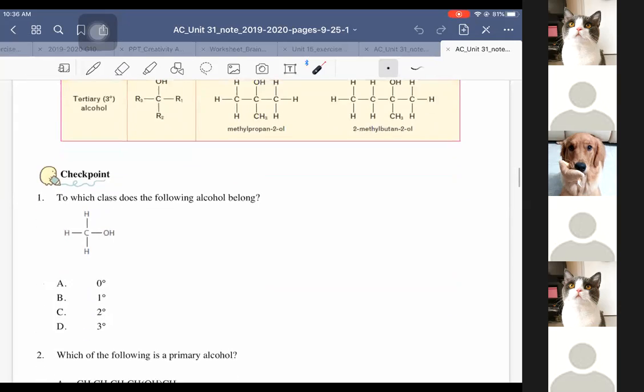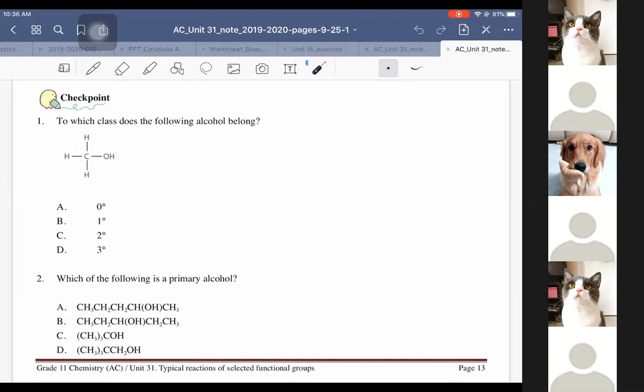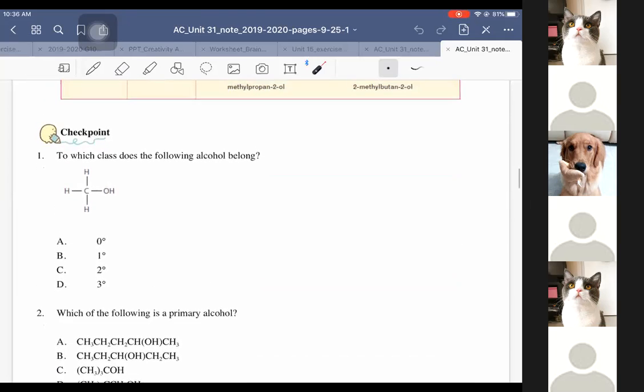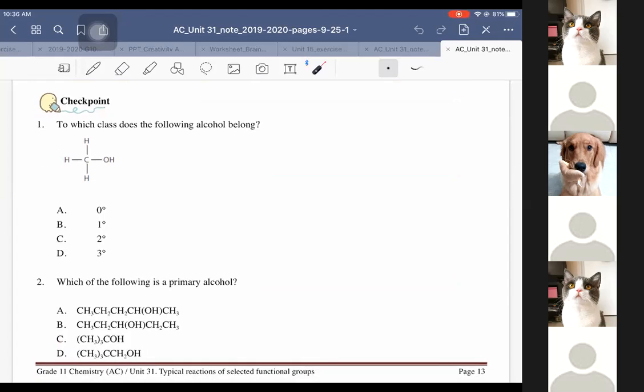Okay, so quickly, let's go through the checkpoint question for the naming part. First one: to which class does the following alcohol belong? This carbon is attached to the hydroxyl group. However, here we have three hydrogens. So which one should we choose to be the correct answer?